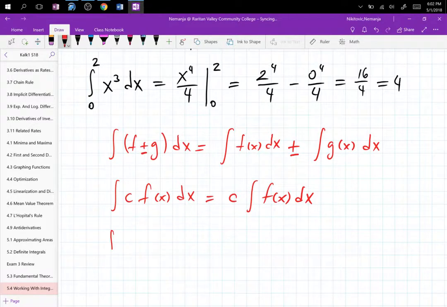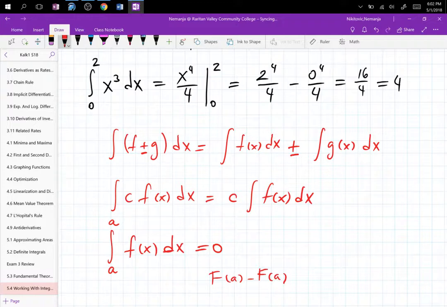We also said that for definite integrals, let's first take a look at some interesting concepts here. The integral of f of x dx, where you go from a to a, is 0. That should make sense because once you start computing, you will have f of a minus f of a, and that can only give you 0.